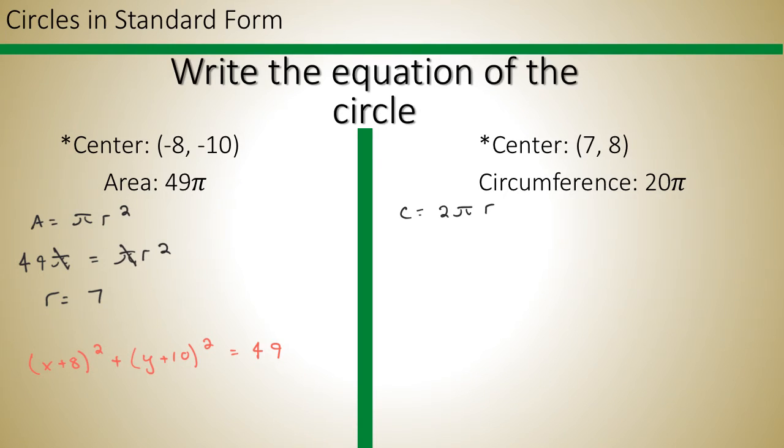So if my circumference is 20 pi, that's equal to 2 pi r. Again, these pi's are going to cancel out, and then we just need to divide by 2, and we end up with r equal to 10. So the equation of this circle will be (x - 7) squared plus (y - 8) squared is equal to 100.